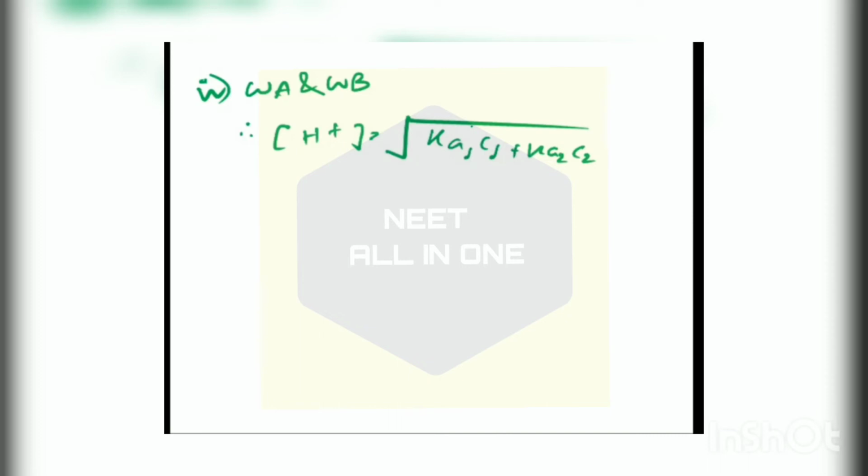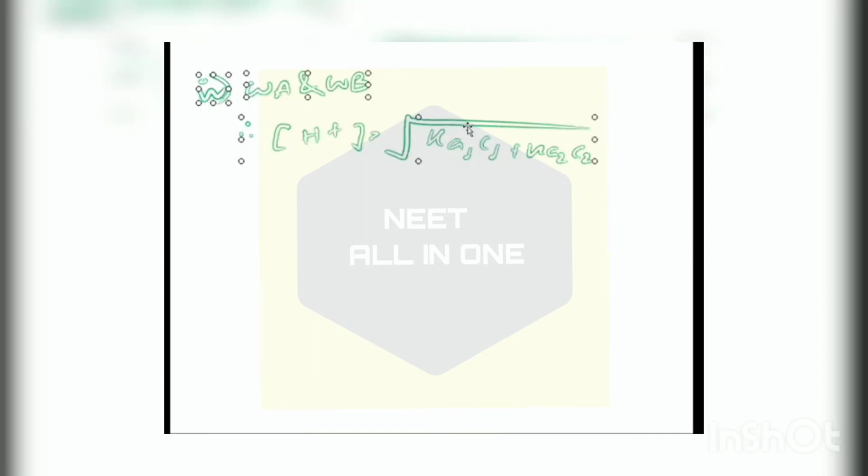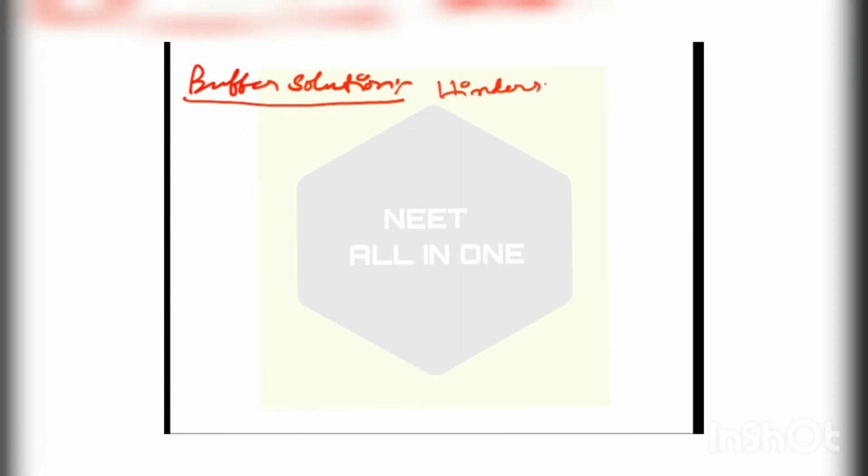Now the next thing is our buffer solution. So let's write it: buffer solution. So what is a buffer solution? You can guess it from the name, but it has a significance: this buffer solution hinders the change in pH of the solution.